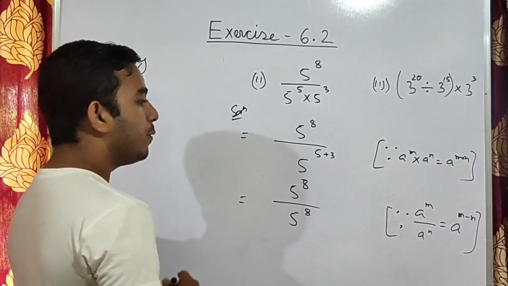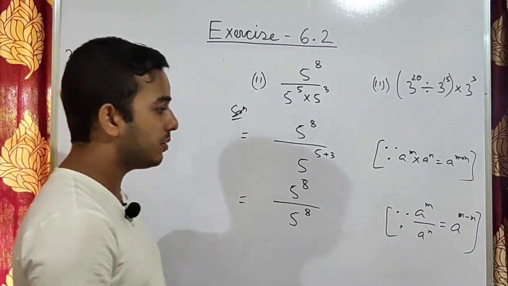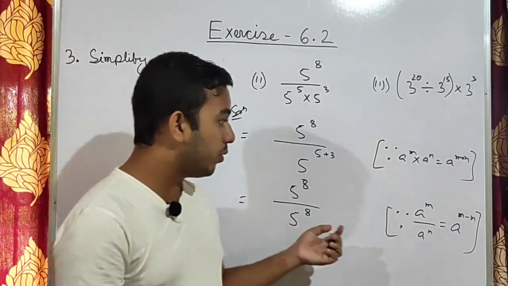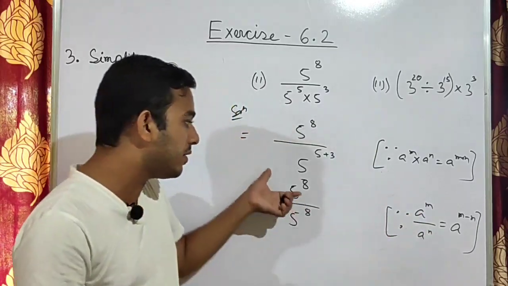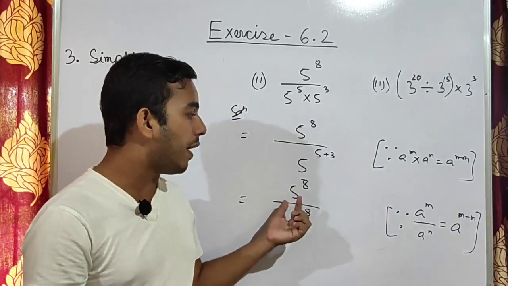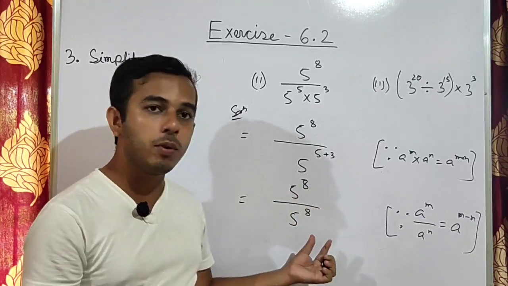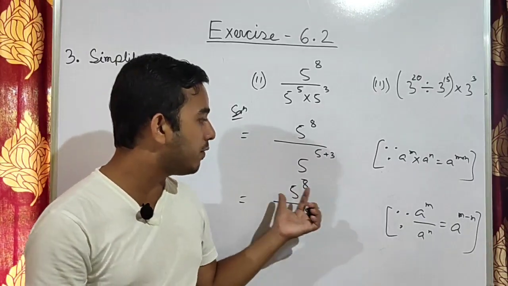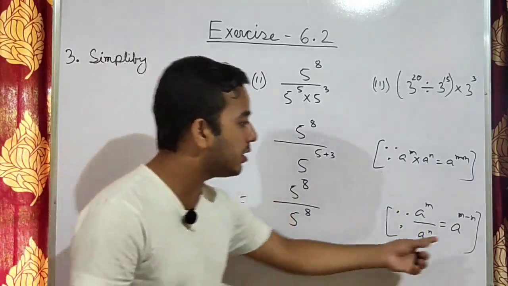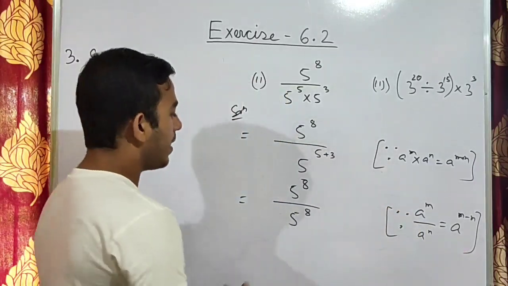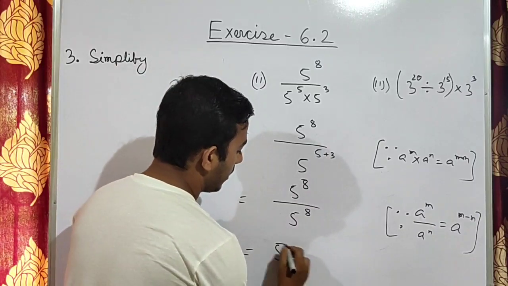Okay, if you didn't watch that video, you can watch. So that is a to the power m divided by a to the power n. This is in this form, right? That is 5 to the power 8 divided by 5 to the power 8. So here in place of a, what we will write? 5, isn't it? In place of this a, we will write 5.